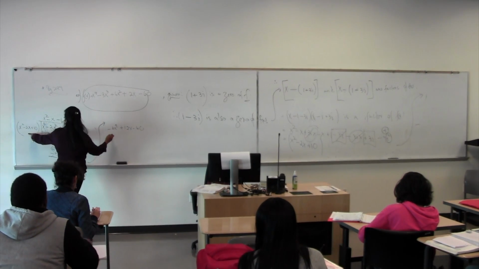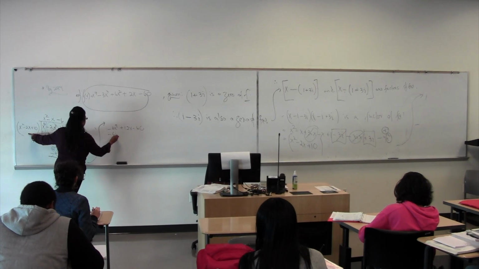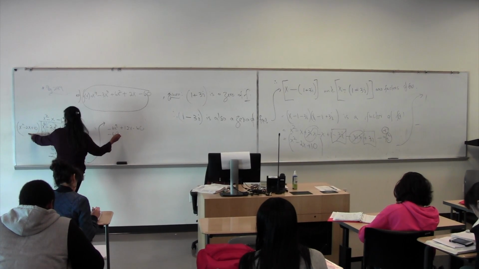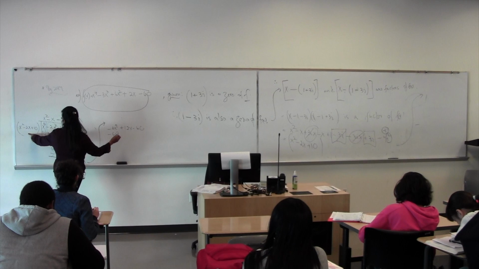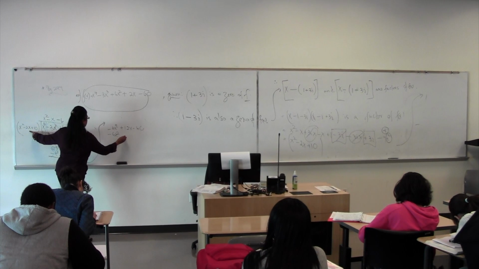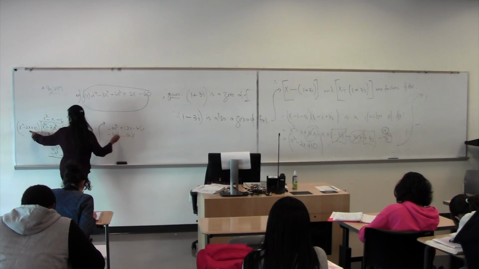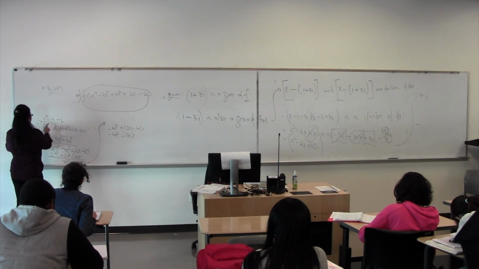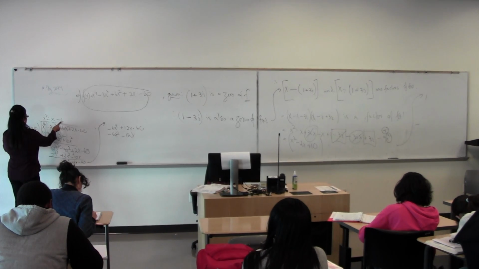What do I get? Negative 6x squared. This times this is 12x.